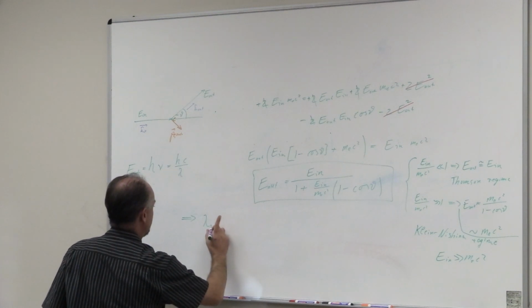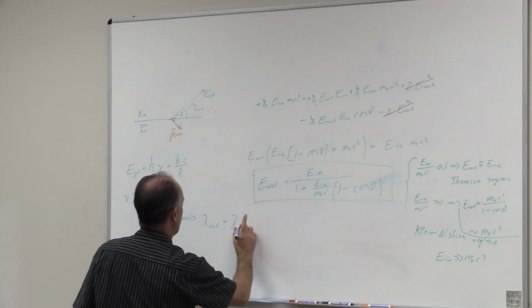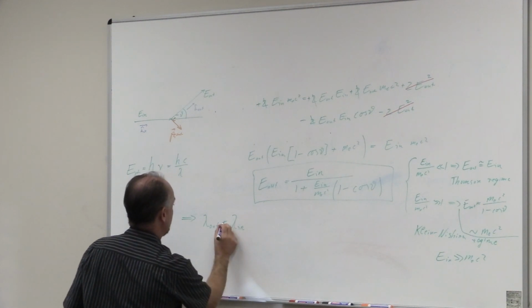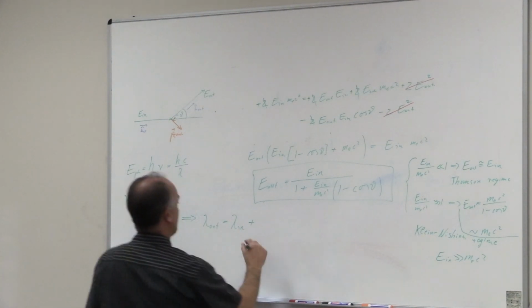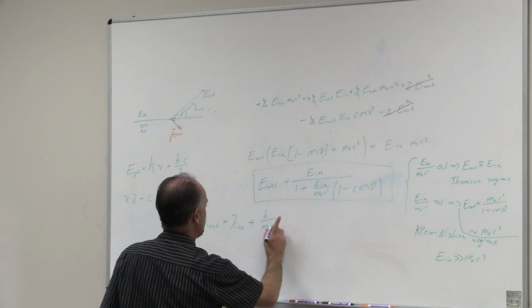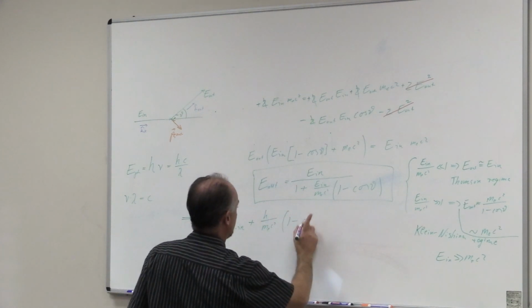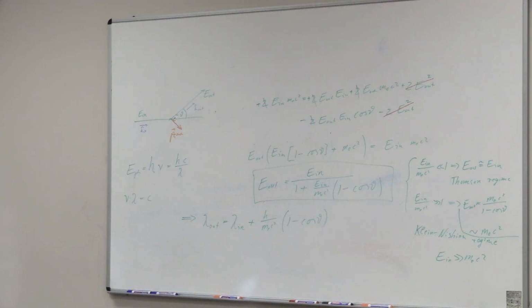if you solve this out, lambda out is the incoming wavelength plus h over mec times 1 minus cosine theta.